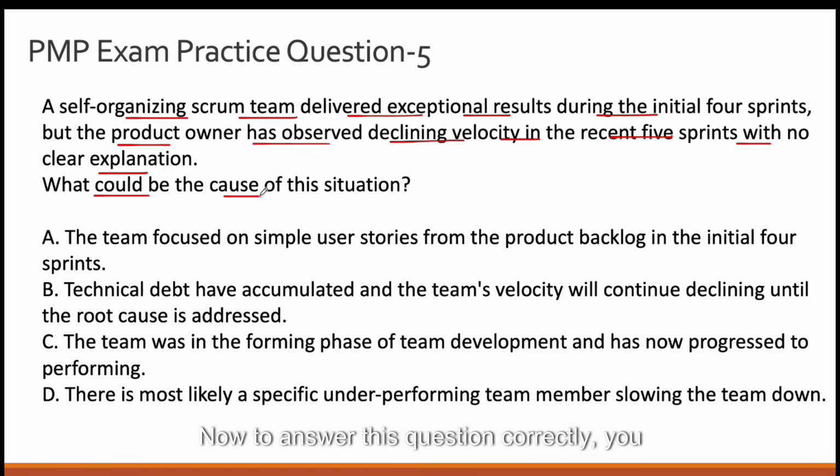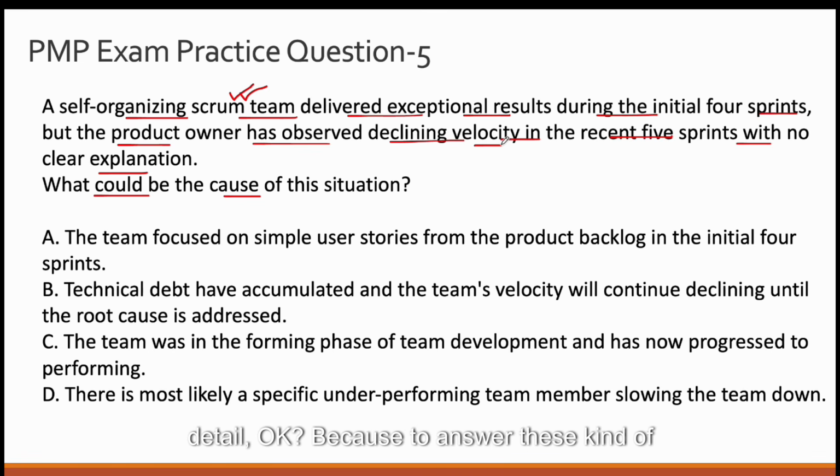Now, to answer this question correctly, you first need to understand what constitutes a Scrum team, what a sprint is, and what velocity is. If you are not aware of these agile terms, guys, I would recommend that you go back to your agile practice guide, or watch a few videos on my YouTube channel, where I have discussed these agile terms in detail.